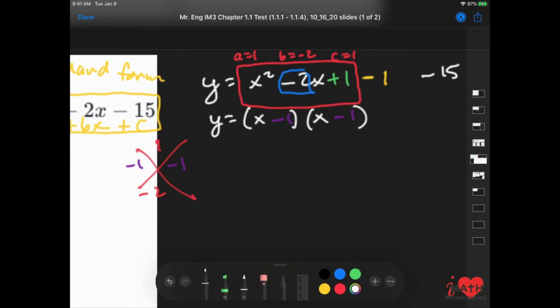Out here you have negative 1 and the negative 15 equals negative 16. Negative 1 minus 15 is negative 16. Okay, then you just put it together. This is how you know you're doing it correctly: you have two of these that are the same expression squared, right? And this is my answer.